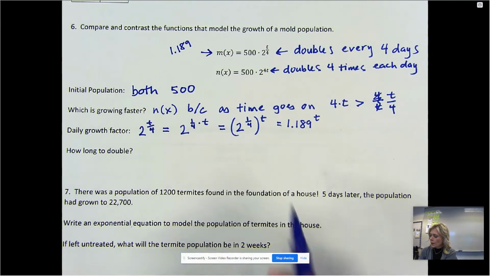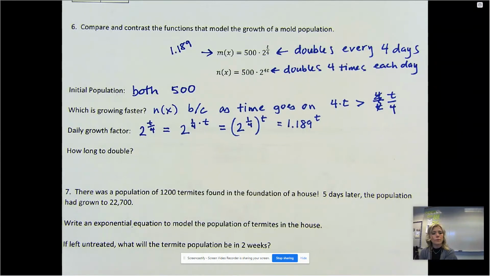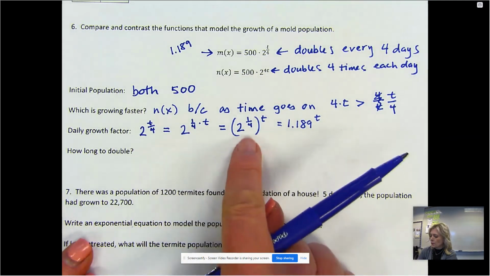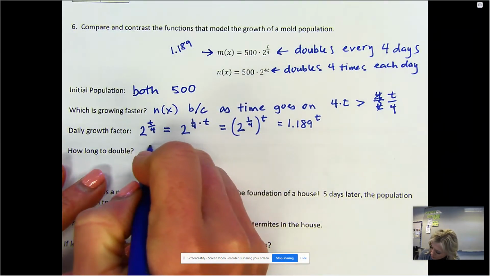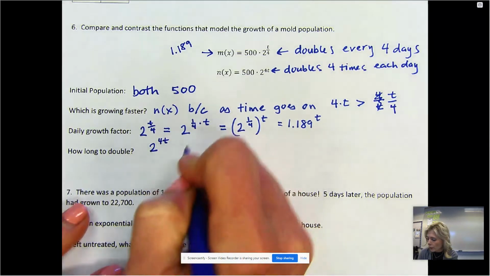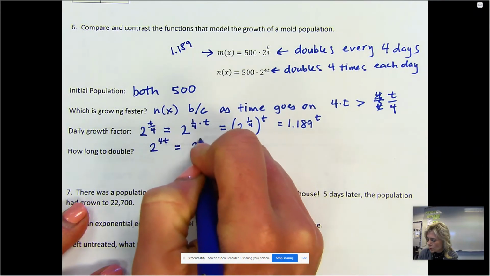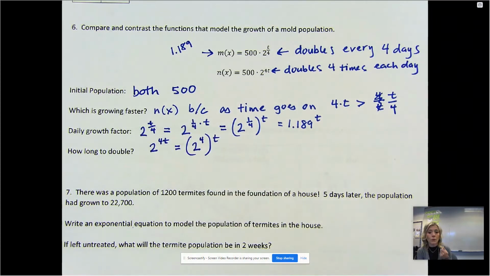Okay, for the second one, 500 times 2 to the 4t, we can skip these steps. We can just get from here to here. So we have 2 to the 4t, and 4 and t are multiplying. So this is equal to 2 to the 4th to the t, which makes sense because it's doubling 4 times every day. 2 to the 4th is 2, 4, 8, 16.